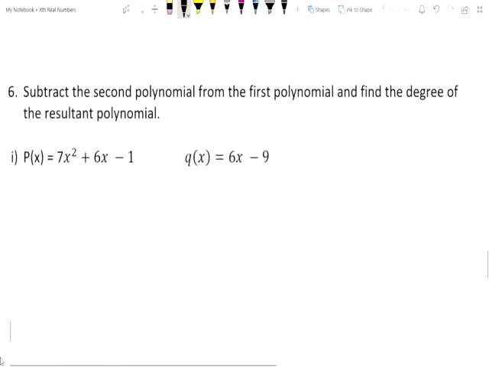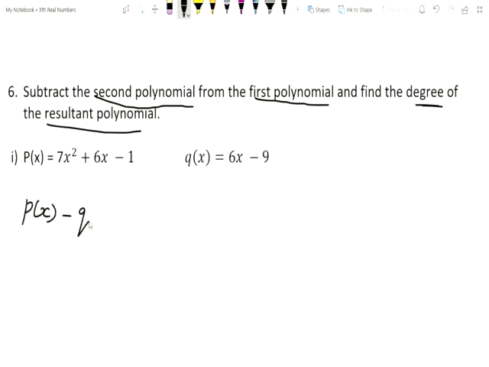So the next one: subtract the second polynomial from the first polynomial and find the degree of the resultant polynomial. We need to find out the degree. So we write the first polynomial p of x minus q of x.